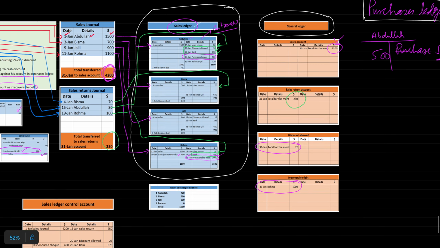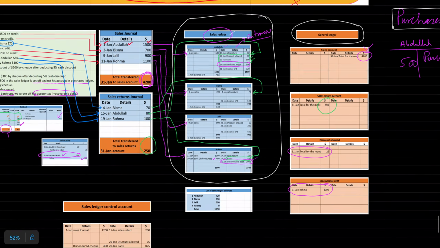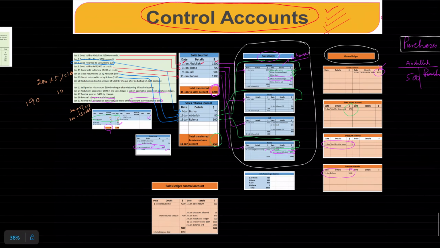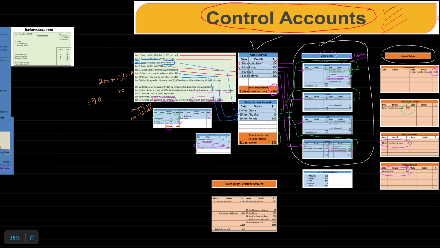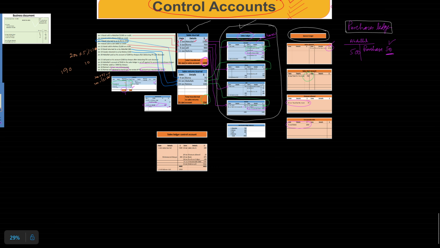Now we already know that all transactions are recorded. First of all, invoice documents are prepared, then transactions are recorded in journals, then posted to ledgers. All this work is done by the bookkeeper.